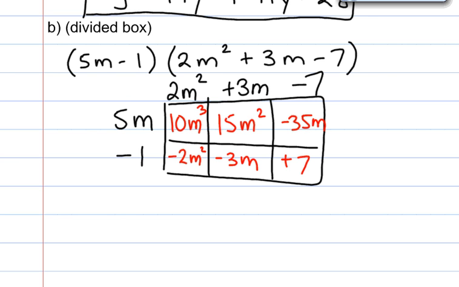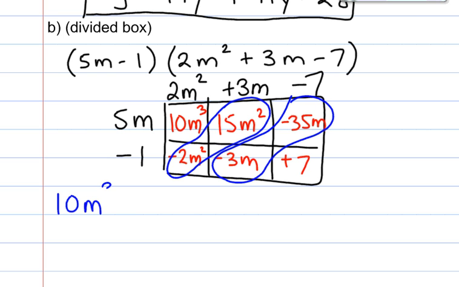Hopefully all of those make sense. I just multiplied what was above it and what was to the side of it. Now, with this box, you can see that my like terms are kind of diagonal of each other. There's my m squareds that are like terms, and then my regular m's that are like terms. So 10m cubed stays alone.